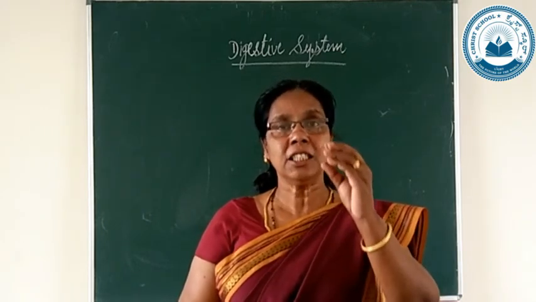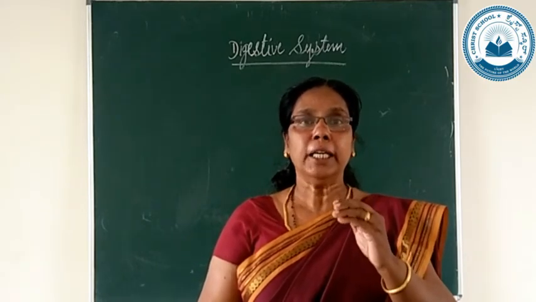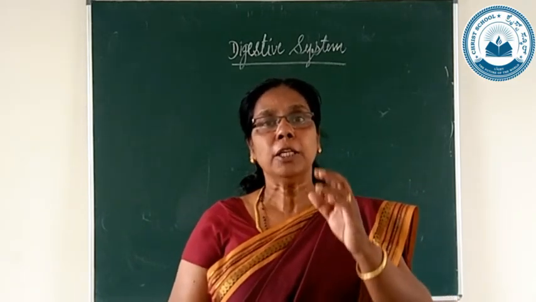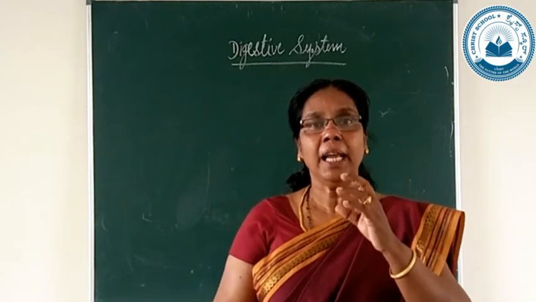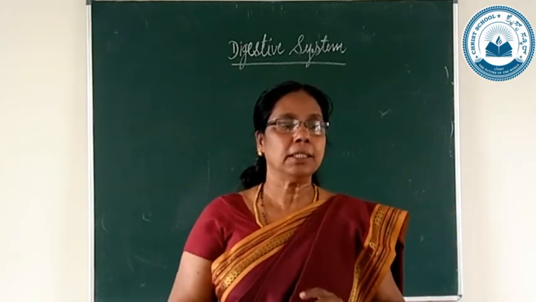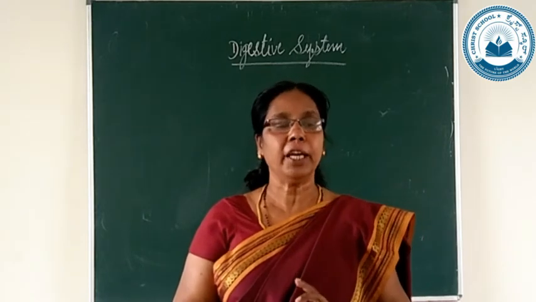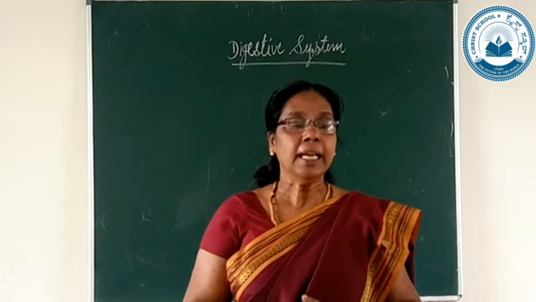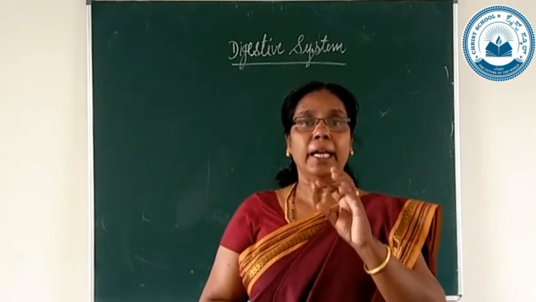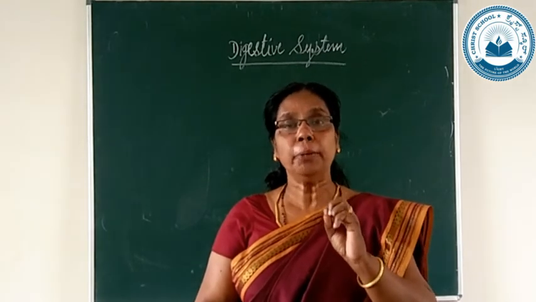So a system is needed to break down these foods into a diffusible form so that they can be absorbed by our body. That process is called what? Digestion. How can you define digestion? It is the breakdown of naturally occurring foodstuffs into soluble form.